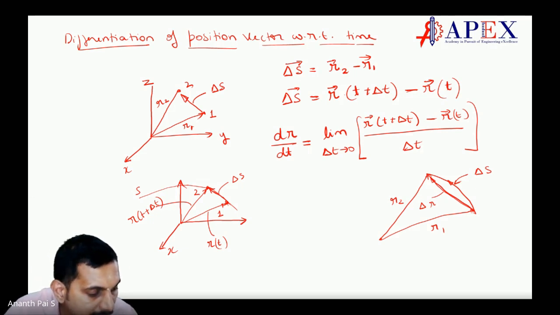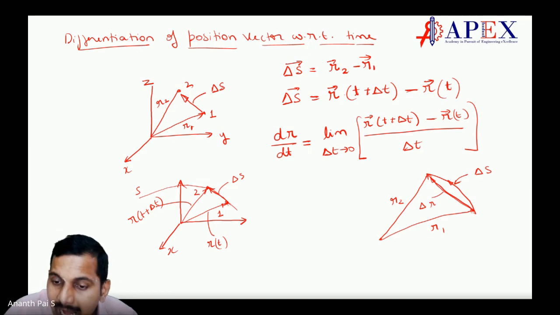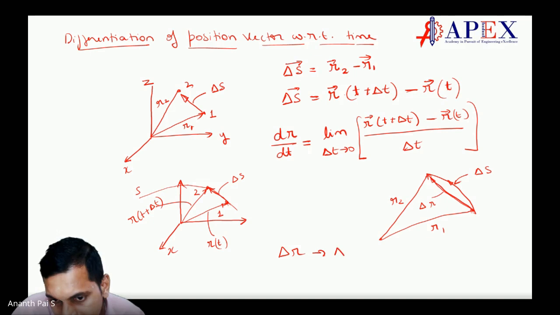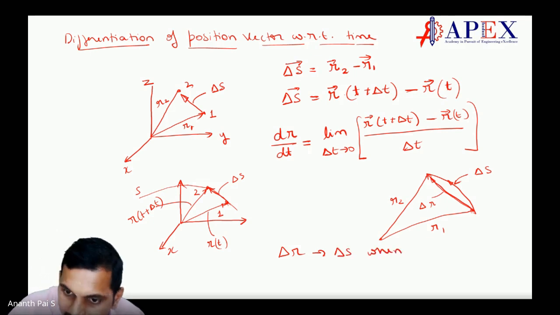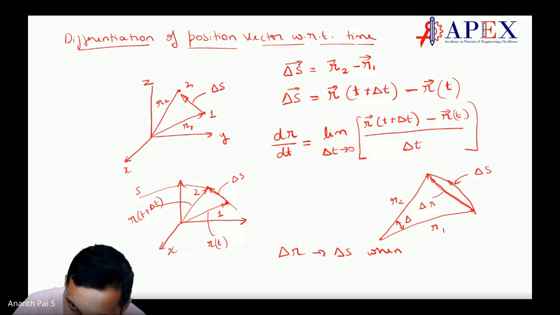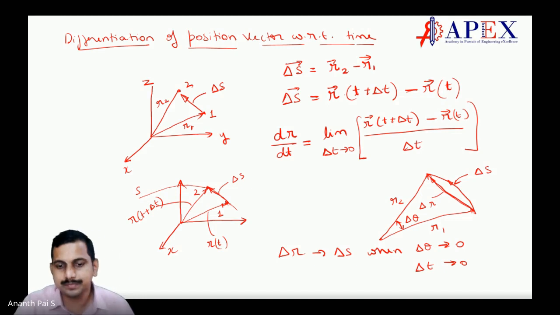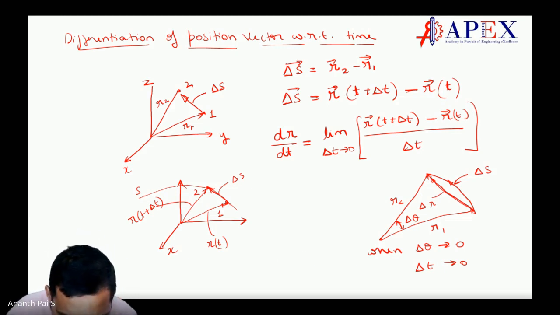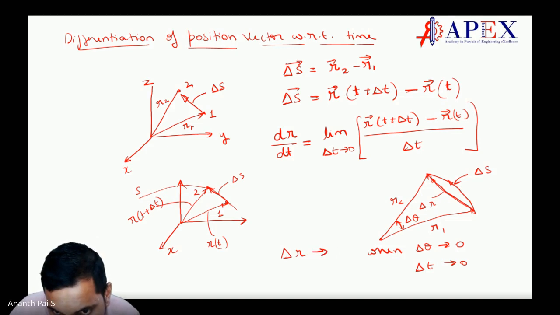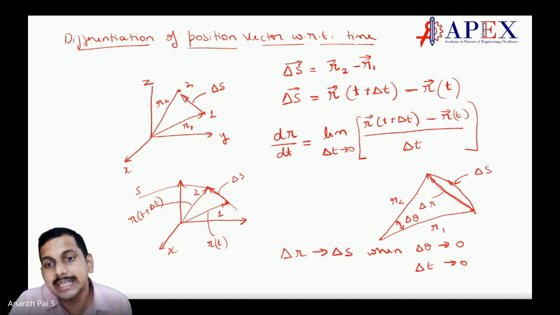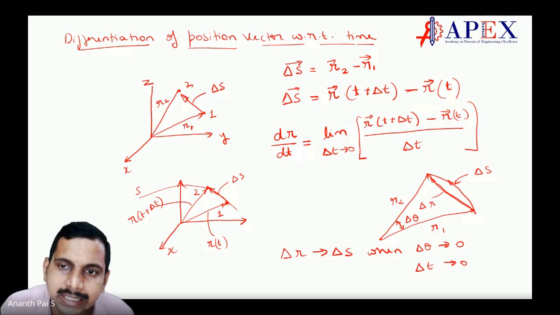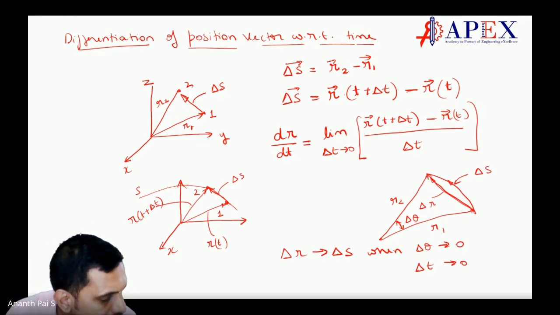Okay, when the angle becomes very less, only then delta R tends to delta S. Delta R tends to delta S when delta theta tends to 0, or delta t tends to 0. Makes sense? So delta R tends to delta S when delta theta tends to 0 or delta t tends to 0. Very, very important. Okay.